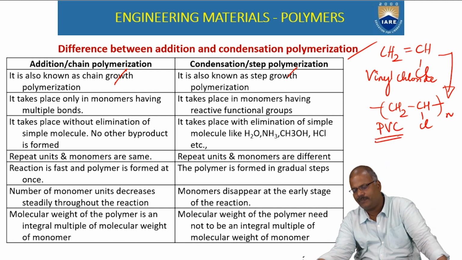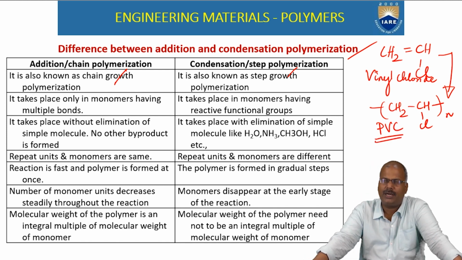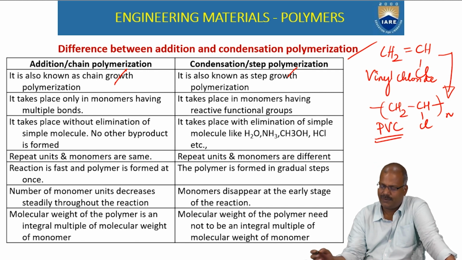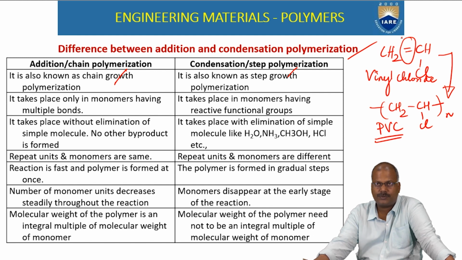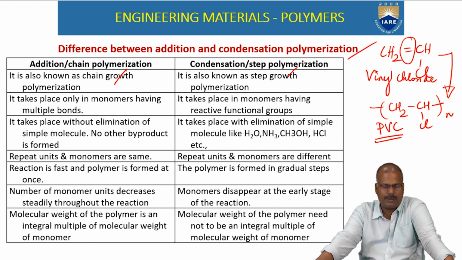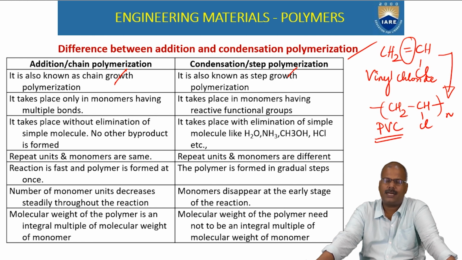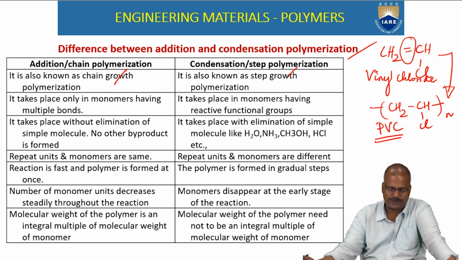Like that, we have seen several examples: polyacrylonitrile, polyethylene, polystyrene. Wherever we see, we have a vinylic double bond. So the presence of double bond unsaturation is required for addition polymerization or chain growth polymerization reactions.